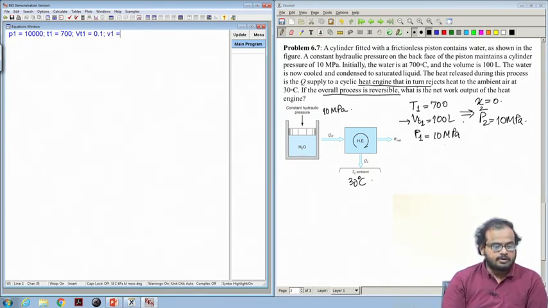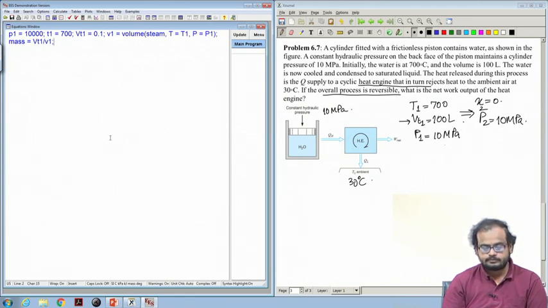So V1 equal to volume, steam, T equal to T1, P equal to P1, this gives a specific volume. So the mass is equal to the total volume divided by the specific volume. State 2, x2 is equal to 0, and we have P2 is equal to P1.